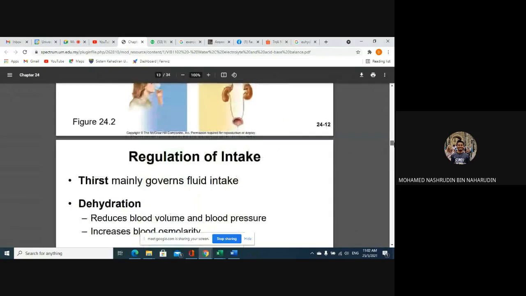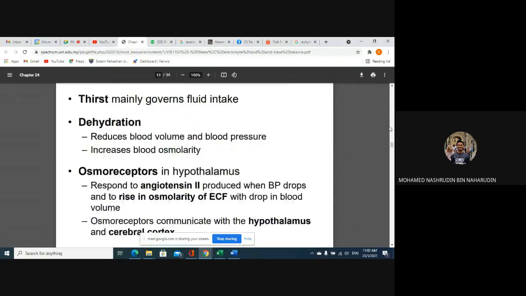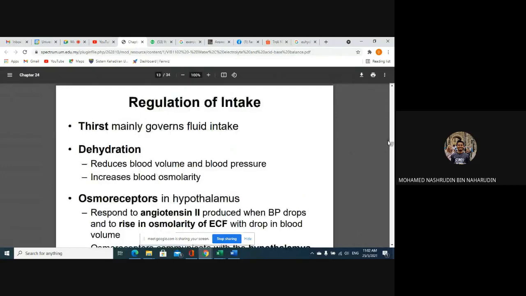So what governs the sensation of water intake? That's due to the regulation of thirst. That's what governs water intake, the fluid intake of our body. So this is what I mentioned just now.